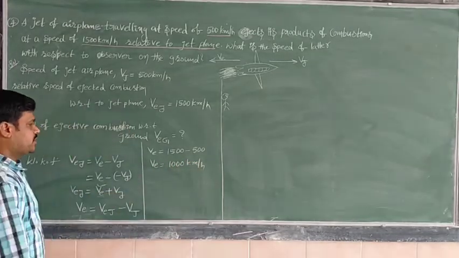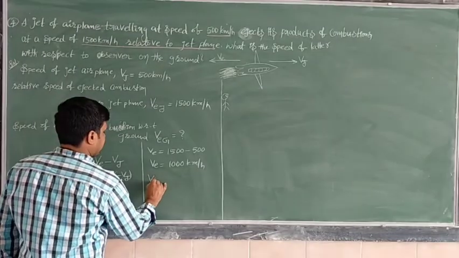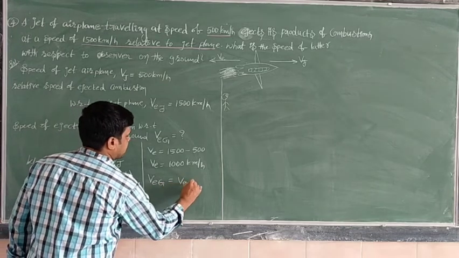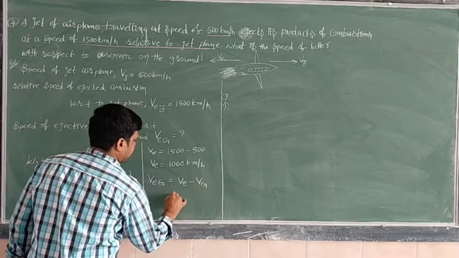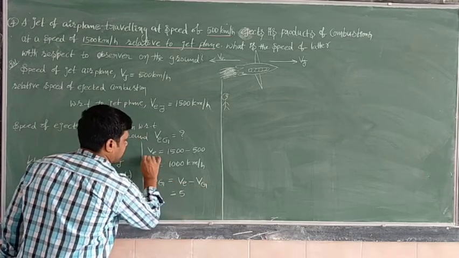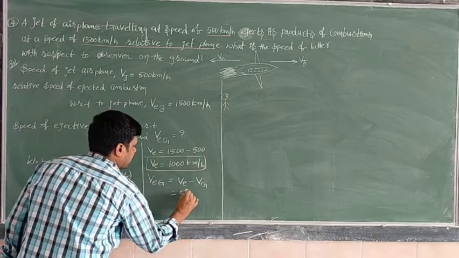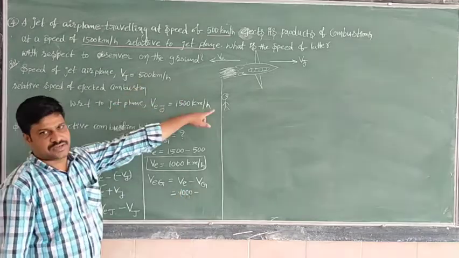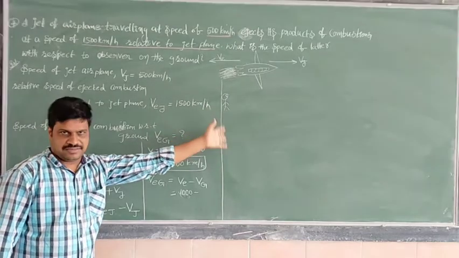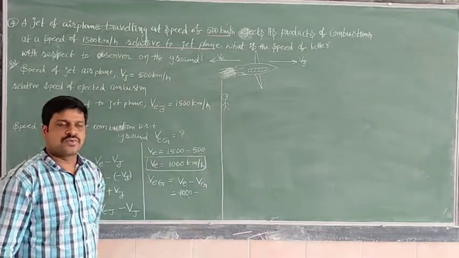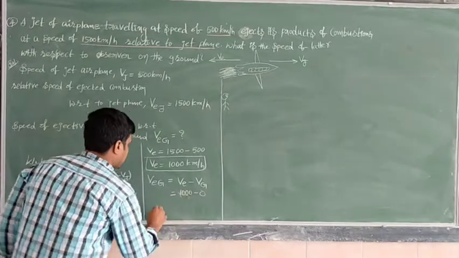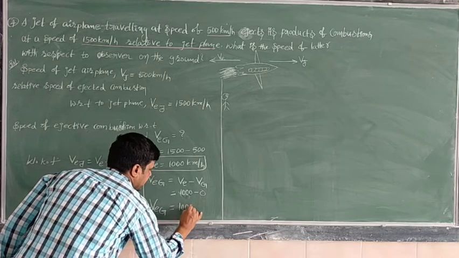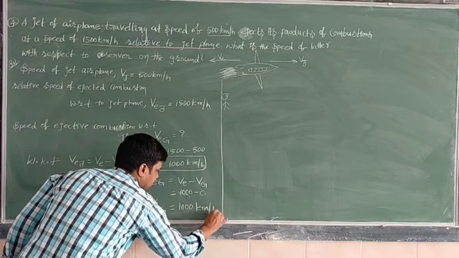Next, the speed of the ejection with respect to the ground is V_E minus V_G. V_E I just got, which is 1000 kilometers per hour. The observer on the ground is at rest, so the speed is 0. So the speed of ejection with respect to the ground is 1000 kilometers per hour.